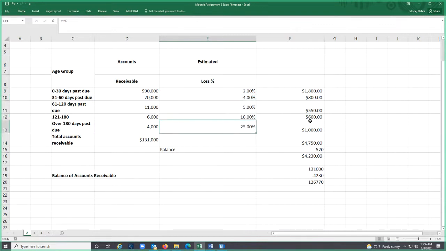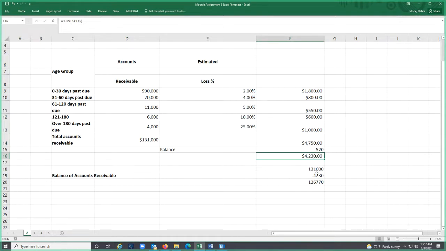So what I did in order to figure this out, I took each one of the buckets and multiplied it by the percentage. So that was 1,800, and then 800, 550, 600, and 1,000. And then that's a total of 4,750. You already had 520 in that account for allowances, so you would need to put in 4,230.